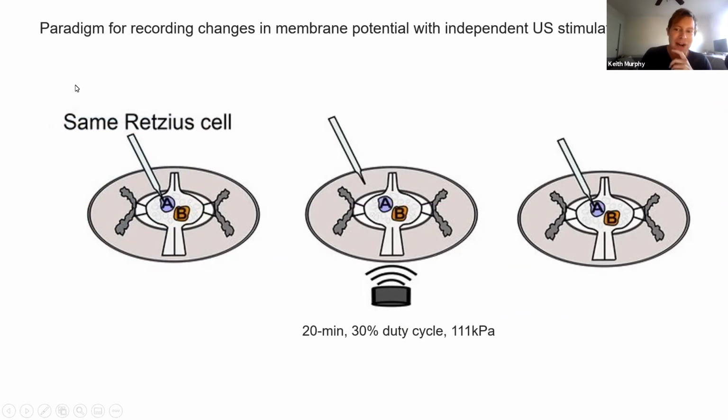One paradigm that they came up with to ask whether ultrasound was having an offline effect, where the glass electrode was no longer present, was to deliver ultrasound and then try to record from the cell again. So the idea is that you place the electrode in cell A, this Retzius cell, remove it, and deliver ultrasound.